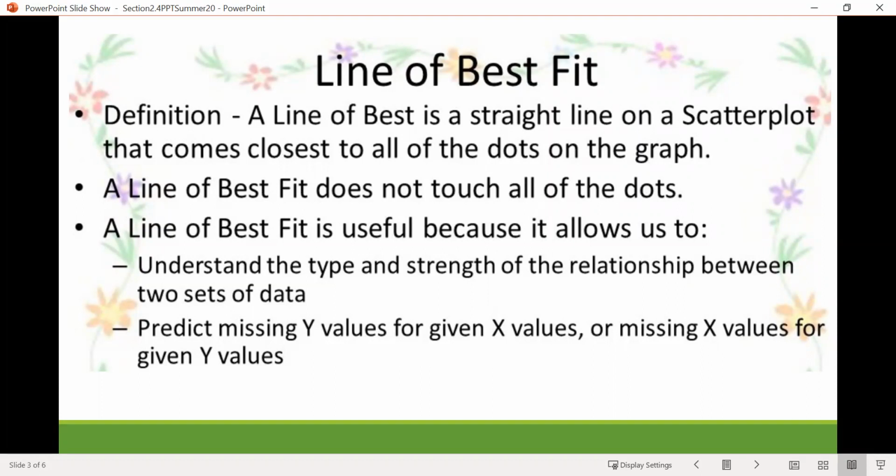It allows us to understand the type and strength of the relationship between the two sets of data, in our case distance and the price of airfare. It also allows us to predict missing output values for given input values, and sometimes the opposite, finding missing input values given output values.